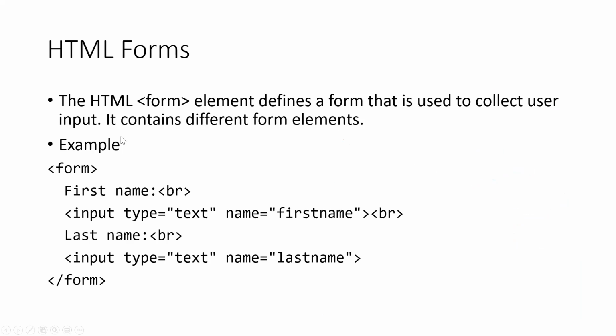Now for that, we have to start with the form. Usually we have a tag pair, form, and we end with slash form. And then mainly the different input types we can change using the input tag. For example, the simple form you can create using input type text, right?